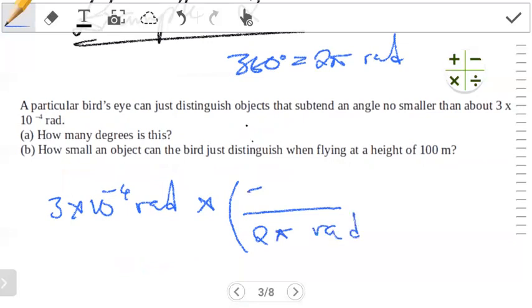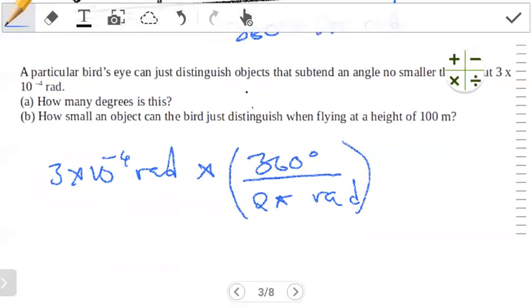When you're dealing with degrees and radians, you can easily divide the two here, so this can also be used as 180 over pi. This also works. It's just up to you. After having this, you notice the rad cancels out.